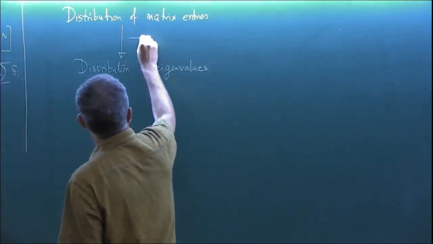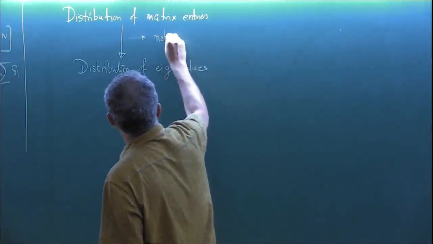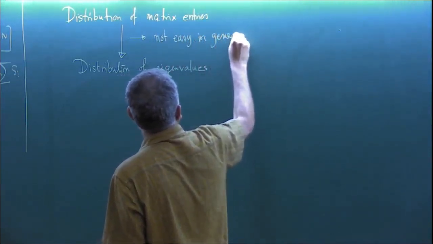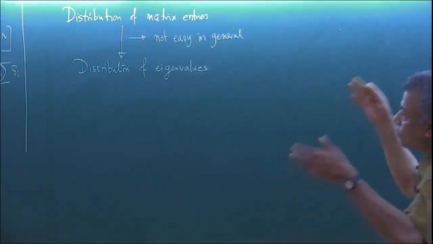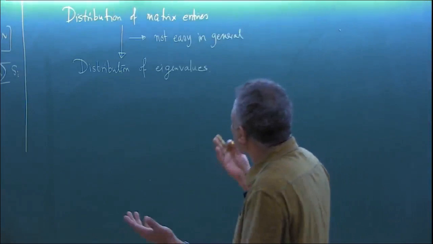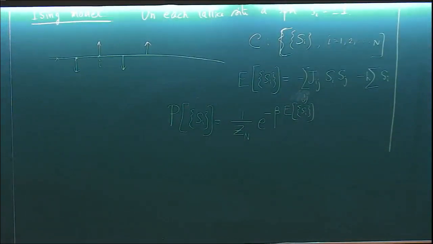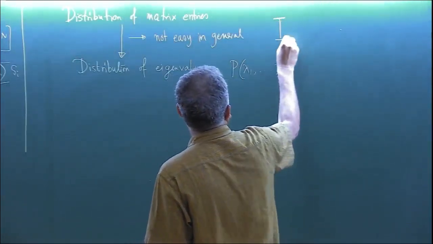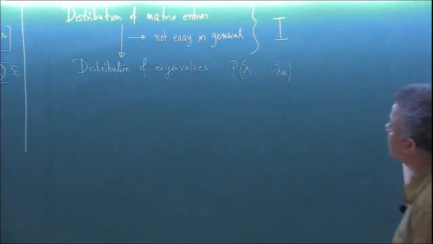This step itself is not usually easy. We could do it only for rotationally invariant ensembles. A lot of people are working on different types of random matrices: you define the joint distribution of the entries, and then you try to compute the distribution of eigenvalues. There's a whole industry, with many mathematicians working on this. But it's not easy in general. There are a few exceptions. The rotationally invariant ensemble is one, for which we could actually compute the joint distribution explicitly. This is, if you like, problem number one, and it is an industry by itself.